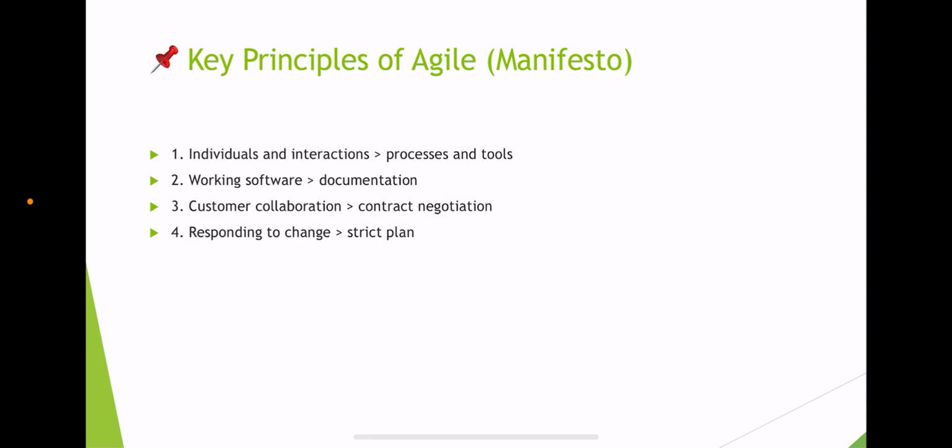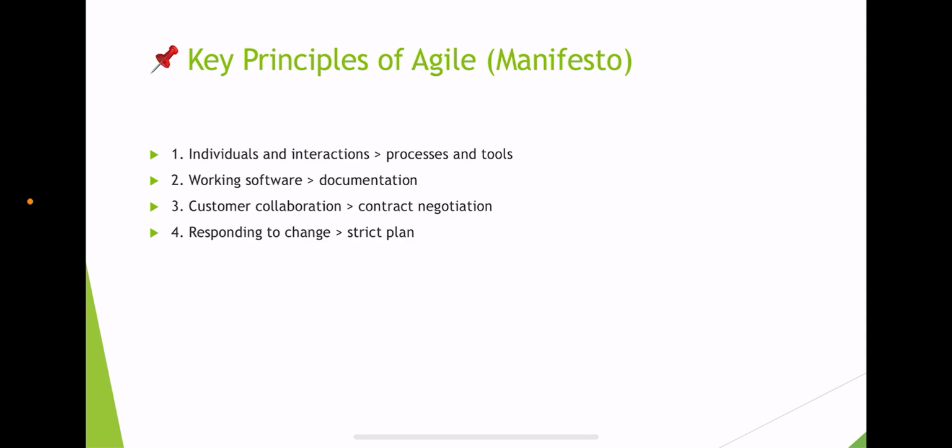So what are the key principles of agile? The first one is individuals and interactions over process and tools. Second is working software over comprehensive documentation, customer collaboration over contract negotiation, and responding to change over following a strict plan.